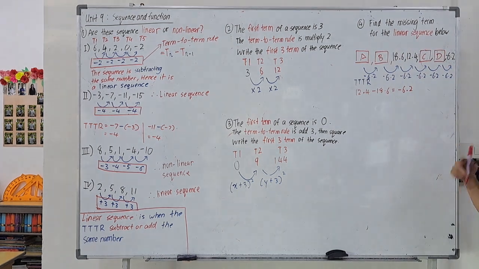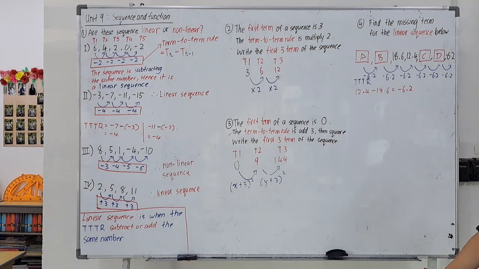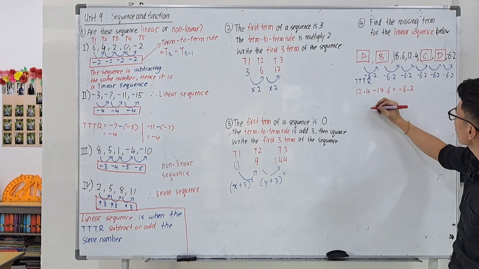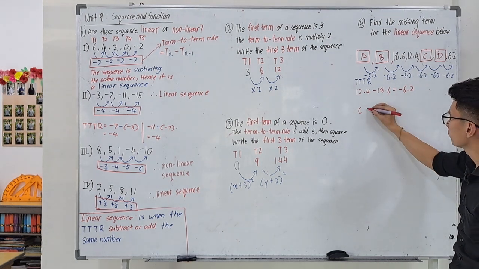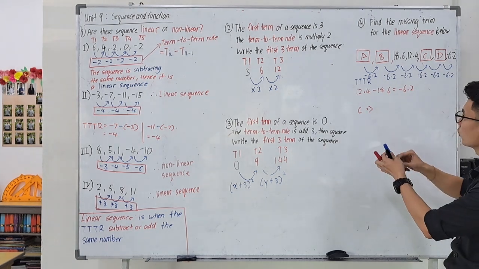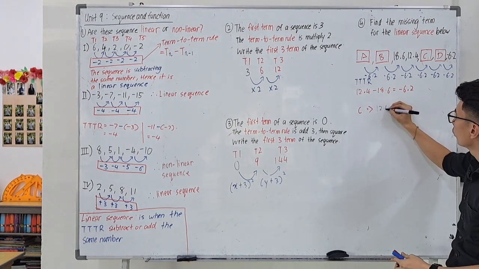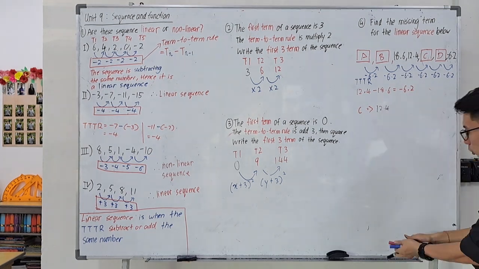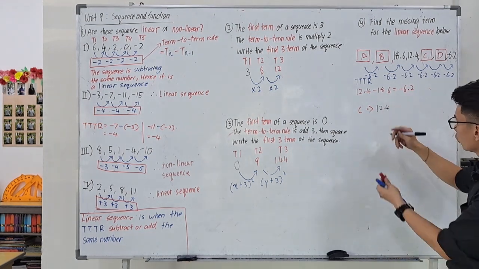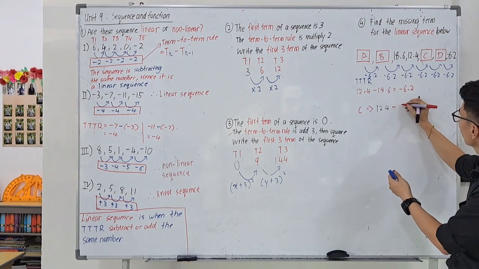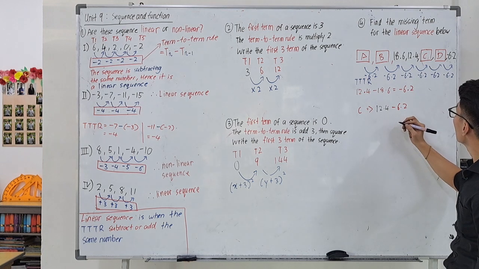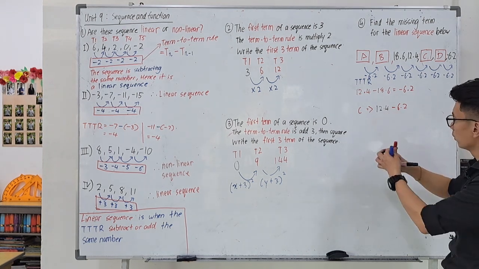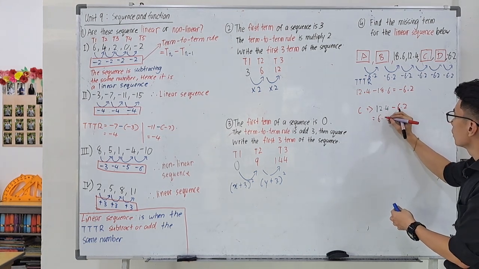So they want to find the missing terms. So this is going to be very easy now. I'm going to do C and D first because that will be the easiest to do. Okay? So to find C, all I have to do is to take 12.4, because it's a linear sequence, I know it is going to be subtracting 6.2. Which will give me 6.2.